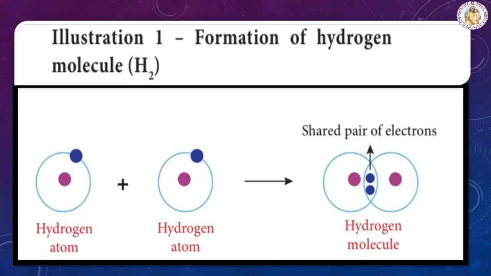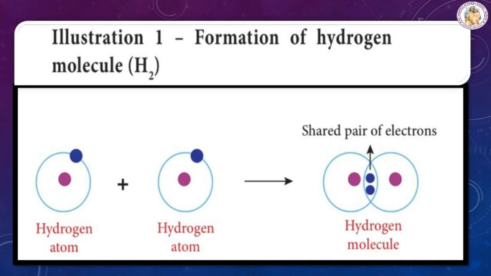Now we'll come to the formation of the hydrogen molecule H2. The hydrogen molecule is formed by two hydrogen atoms. While forming the molecule, both hydrogen atoms contribute one electron each to the shared pair, and both atoms acquire a stable and completely filled electronic configuration.